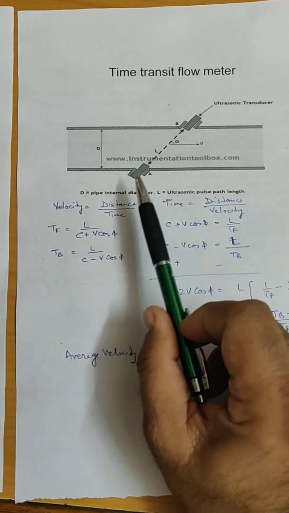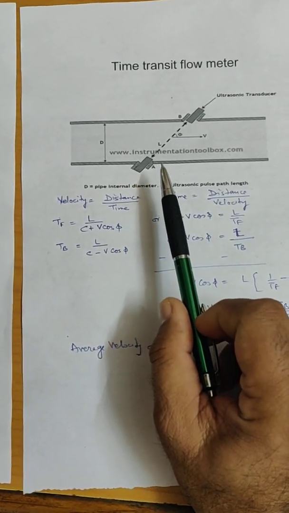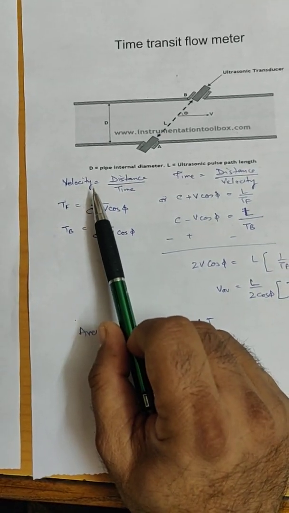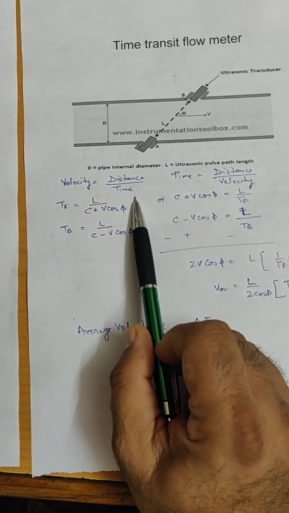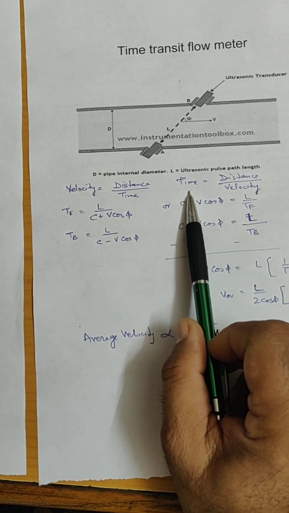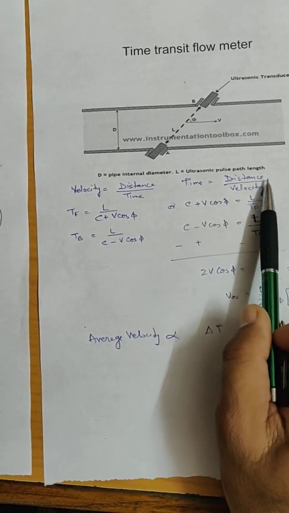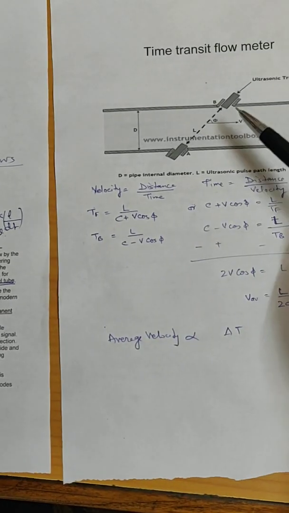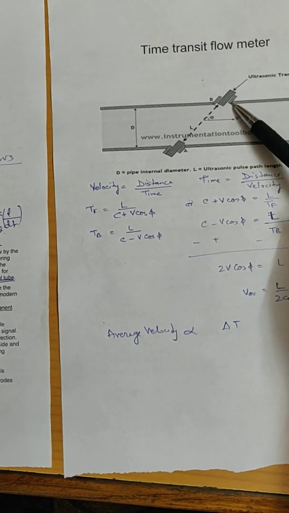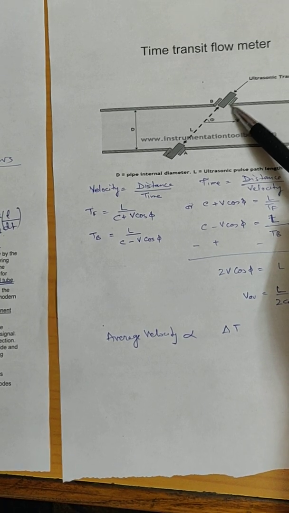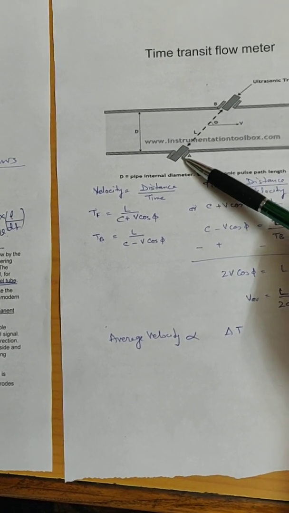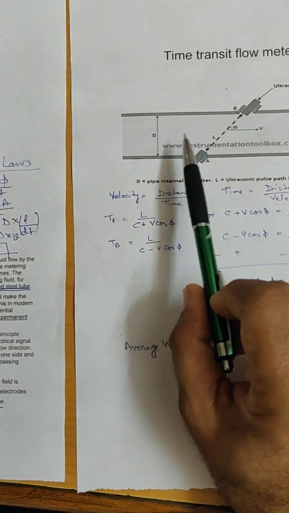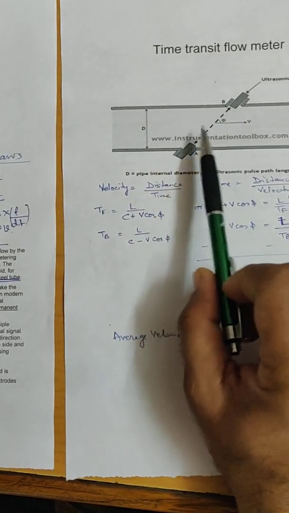According to the principle of this transit time flow meter, we know that velocity equals distance by time, and the time can be represented by distance upon velocity. So for the forward path, one transmitter transmits a sound wave and the other receives it.